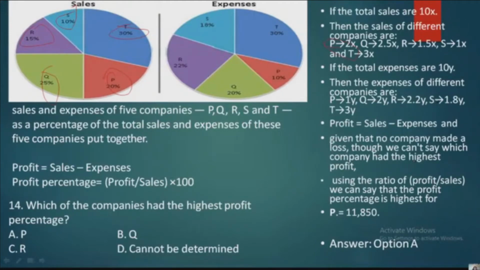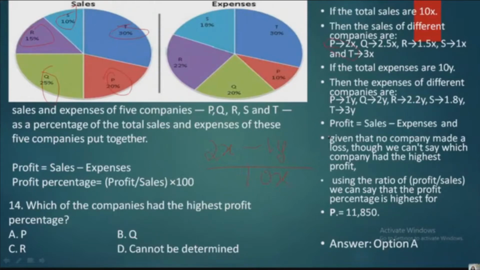Profit here is sales minus expenses, so it is 2x minus 1y, divided by sales, which is 10x. When you comparatively check it for the other given numbers, you will find that the profit for P is greater than anything else. So you have to find the highest profit.